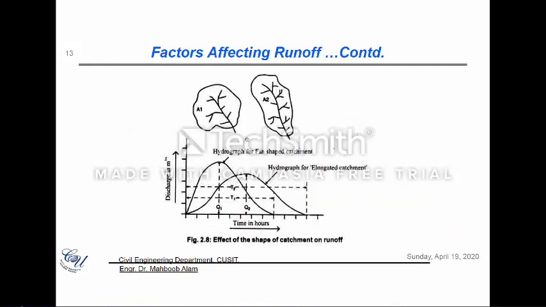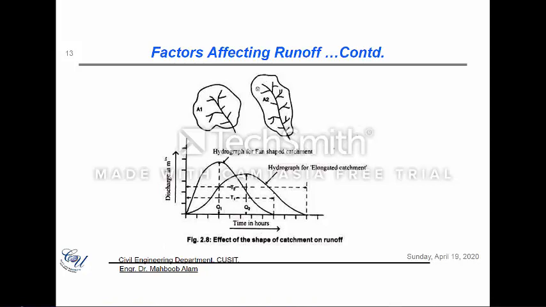But just look at the scenario. You have two catchments, A1 and A2. A1 is the fan shaped, or let's say it's a little bit oriented in this way, while the A2 catchment is an elongated catchment. And as we said earlier, the theory is that the drainage would be occurring to these streams and ultimately to the river, and because we have a kind of shorter river, it would reach the outlet point quickly.